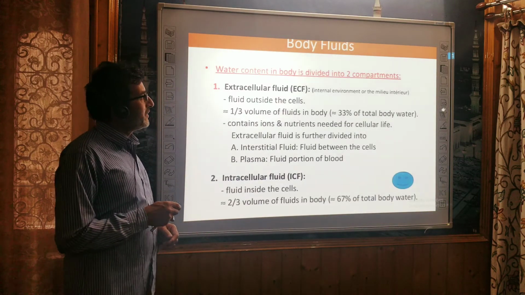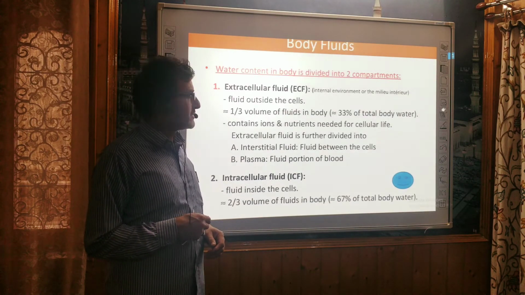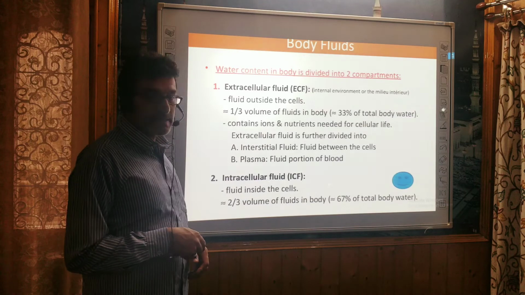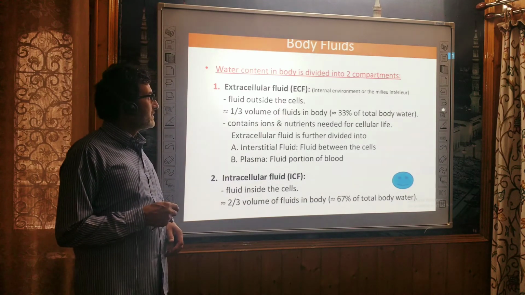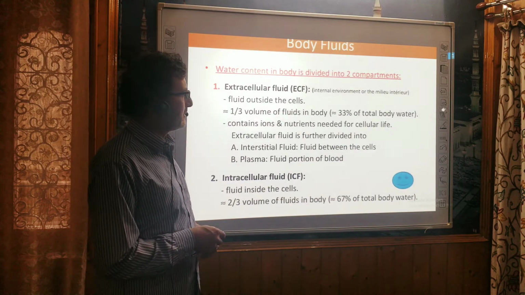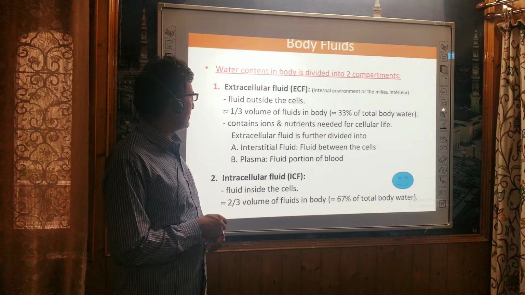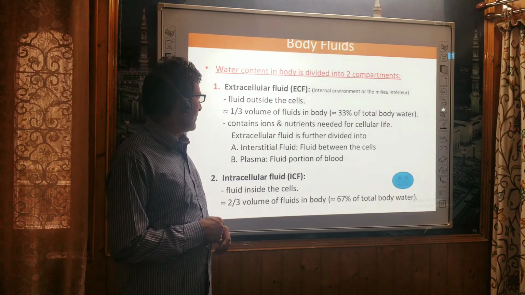Body water is divided into two compartments: extracellular fluid, ECF, and intracellular fluid, ICF. What is extracellular fluid? Fluid outside the cells. One-third of the fluid volume in the body, 33% of total body water, contains ions and nutrients needed for cellular life.